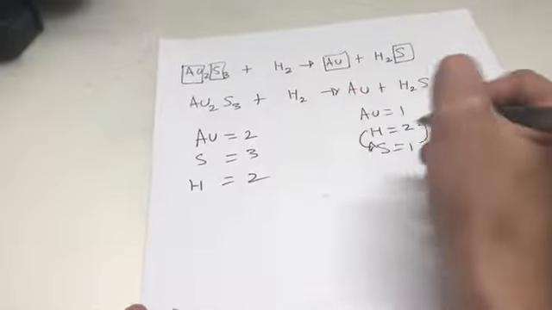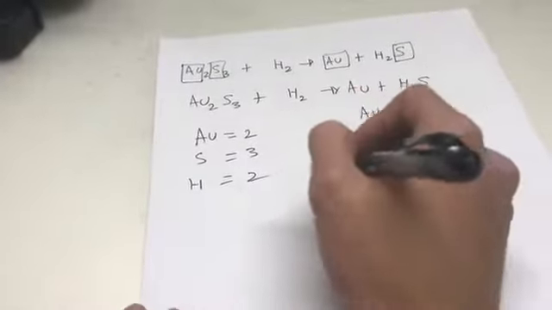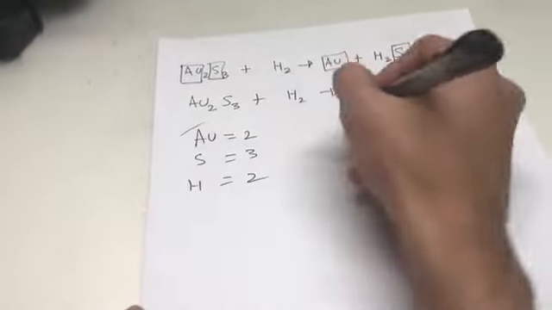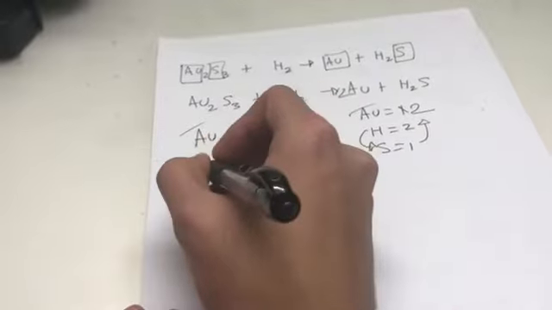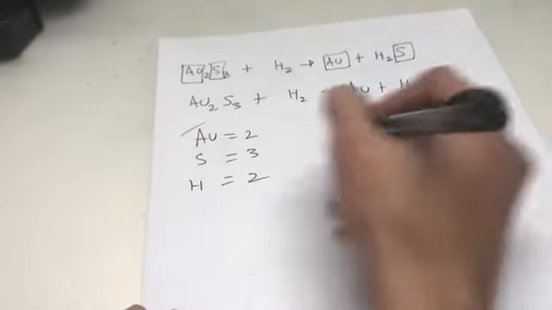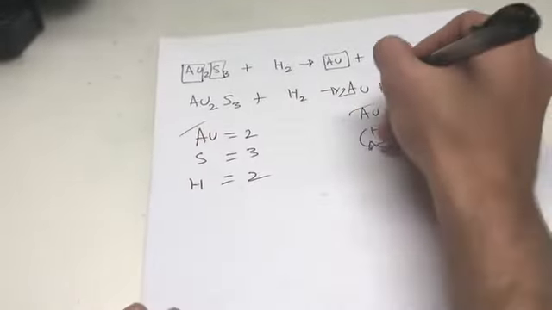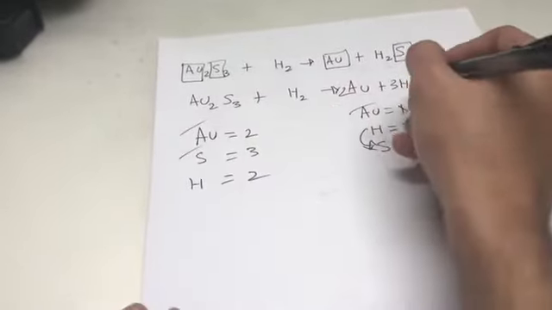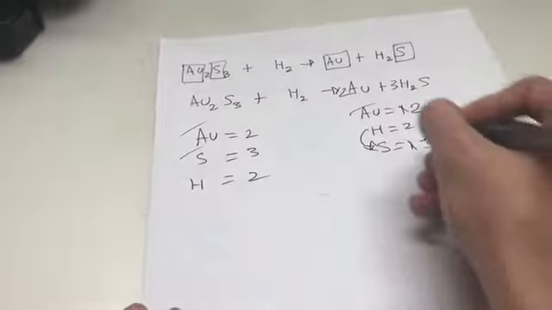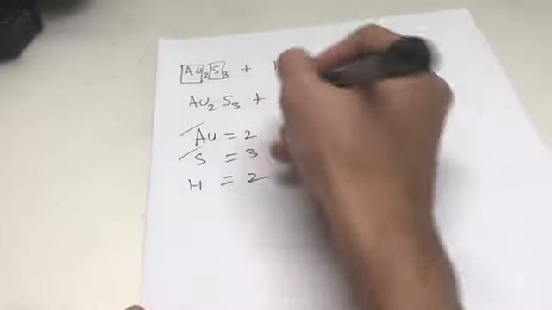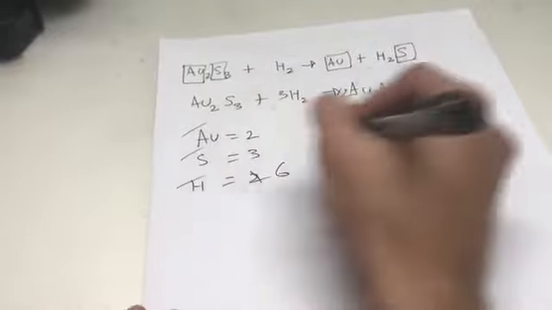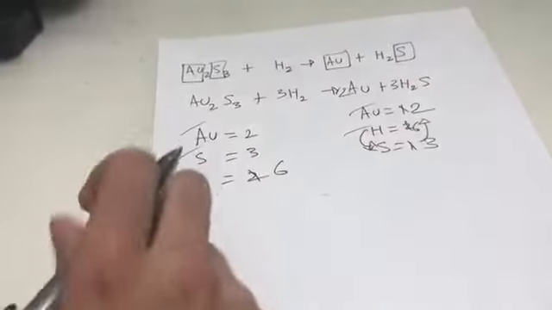Always have it so that they're in order, but I can work with this. So Au2, Au1. Put a 2 here. This becomes a 2. This is balanced. S3, we have 3 here. Best way to do that is to put a 3 coefficient right here. This becomes a 3. S and S are balanced. But now our hydrogen here is a 6, not a 2. Our hydrogen here is a 2. Put a 3 here, becomes a 6, 6, 6, and we're good. That's all there is to it.